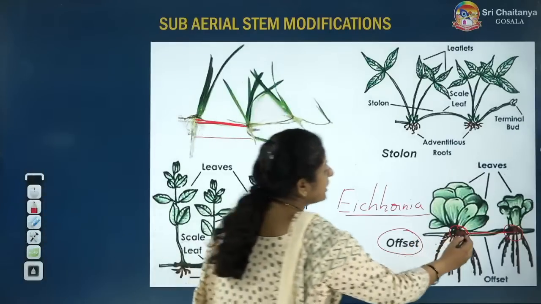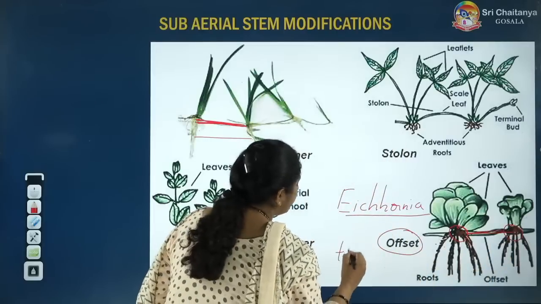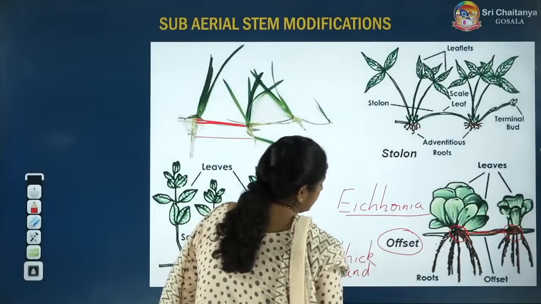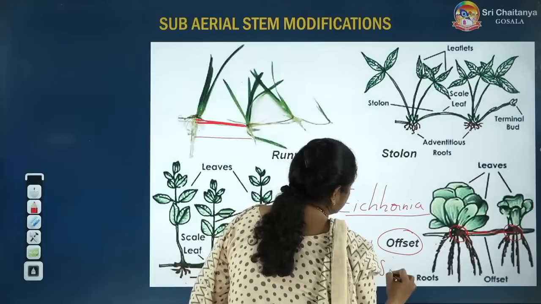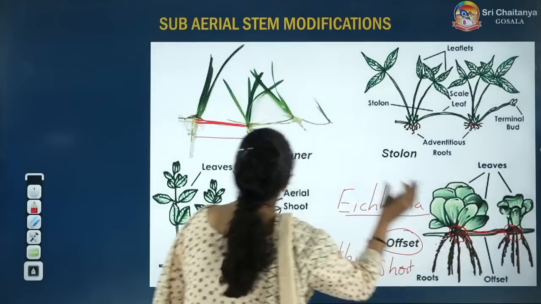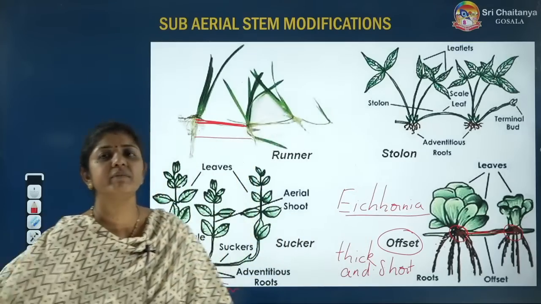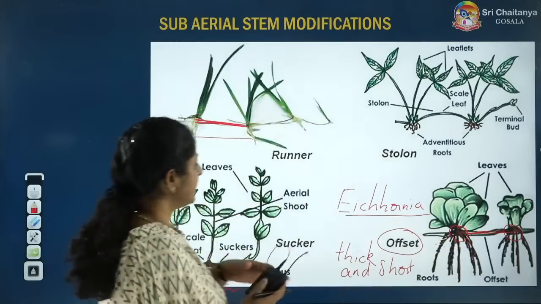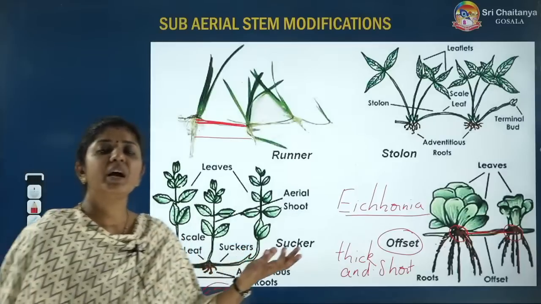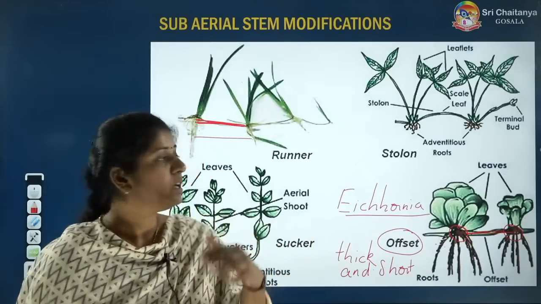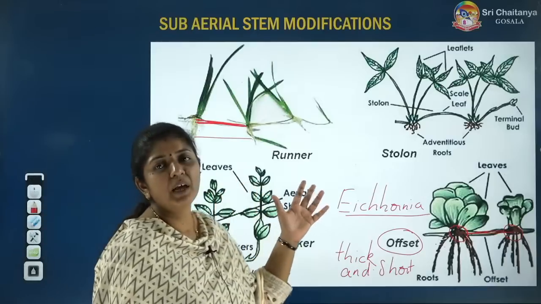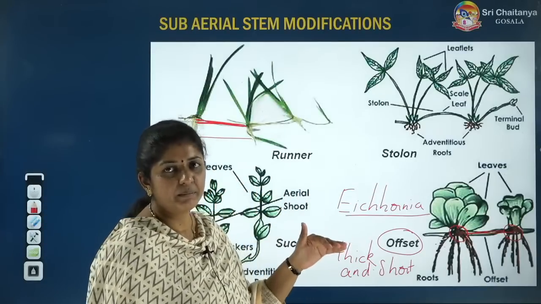Here the internode is thick and very short compared to this. But the motive is the same, that is to multiply the plant more. So offsets multiply the plant more in water. Runners, stolons and suckers multiply the plant more on the terrestrial part.